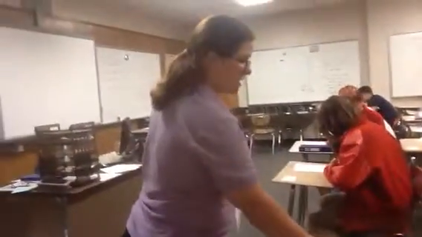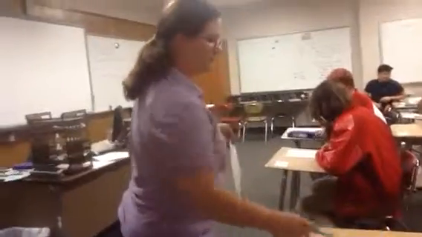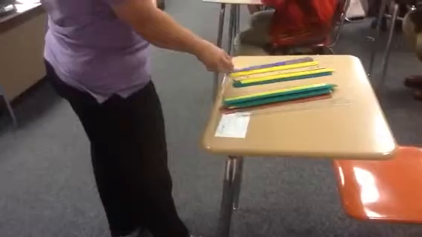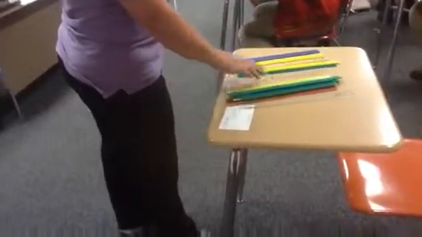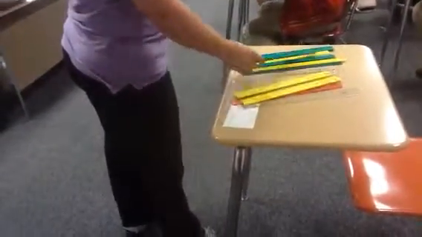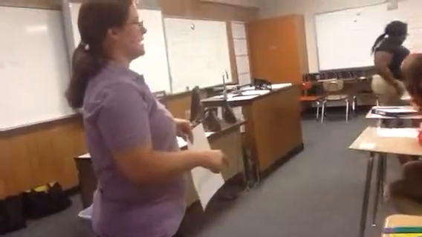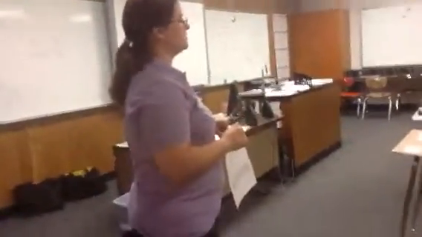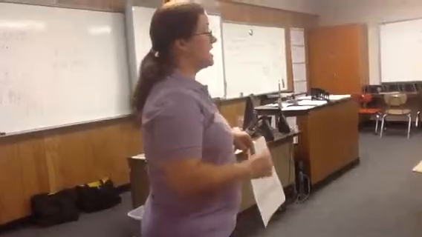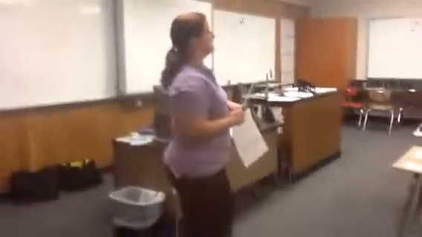I have 14 rulers now, and I expect to have 14 rulers at the end of class. I want you to work with this through the end of the class. Whenever you're done, you will turn it in. I expect it to be done by the end of class because we have a long class.